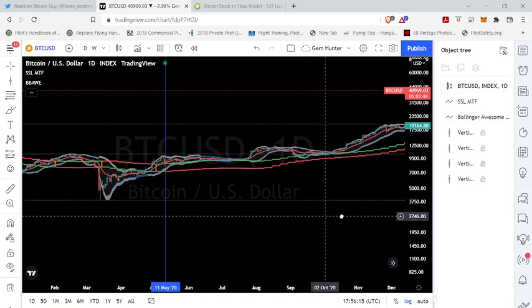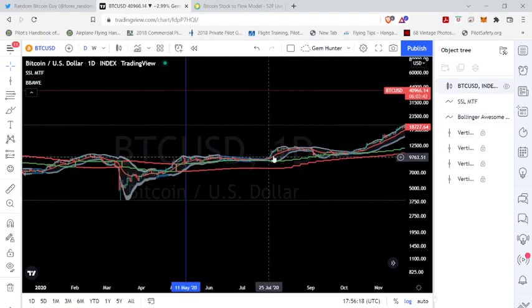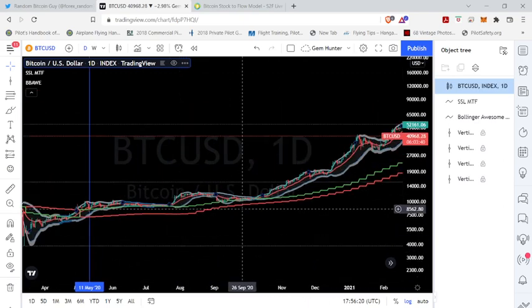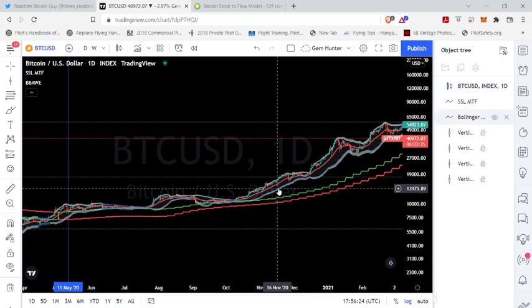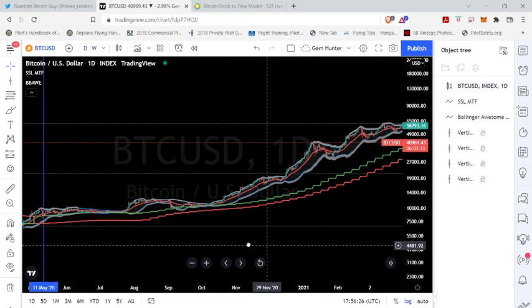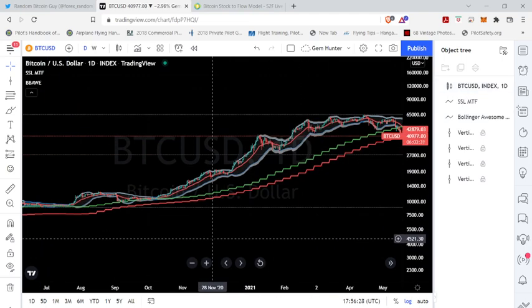But you want to be a little bit more aggressive on the first one after the halving. Once we get above the SSL and we start trending, then you want to get a little bit more aggressive. So maybe bump that up to 35% instead of 25 or 50%, however you want to do it.